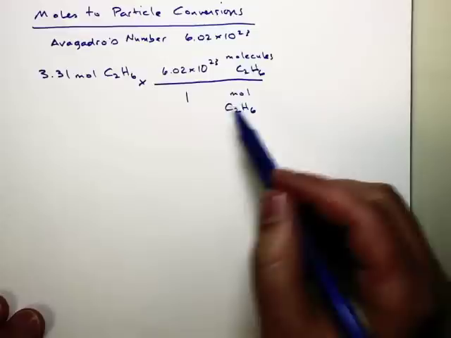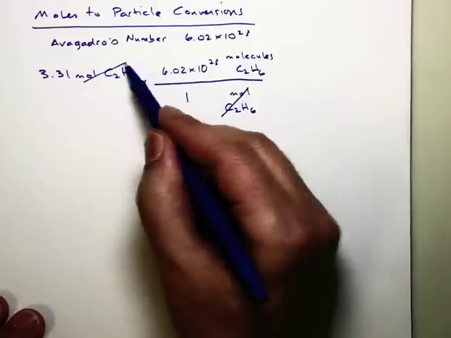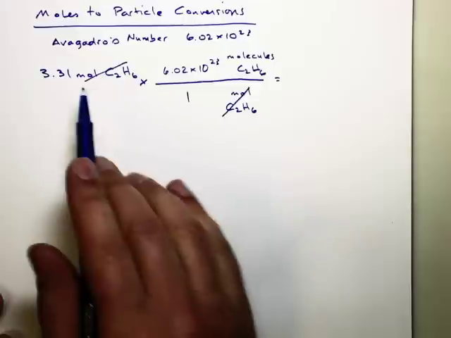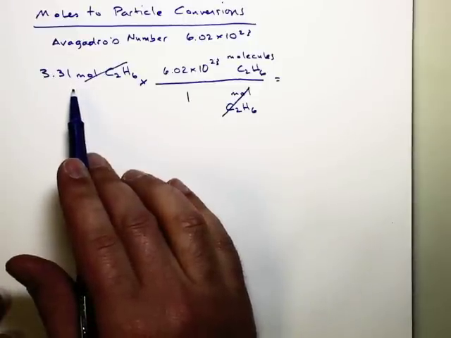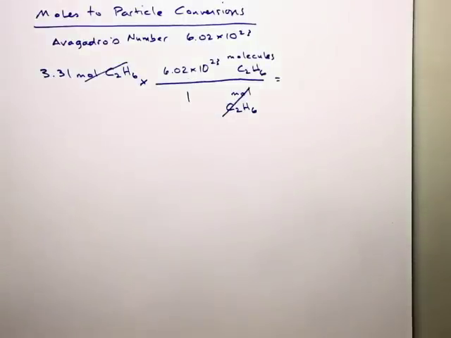If you like to get things out of the way early, we can cross cancel like units that are on the top and on the bottom. Get rid of those, and it cleans things up a bit. Now we have 3.31 times Avogadro's number. Now for this, remember, use those parentheses on your calculator, and it's going to help your calculator understand what you want it to do.